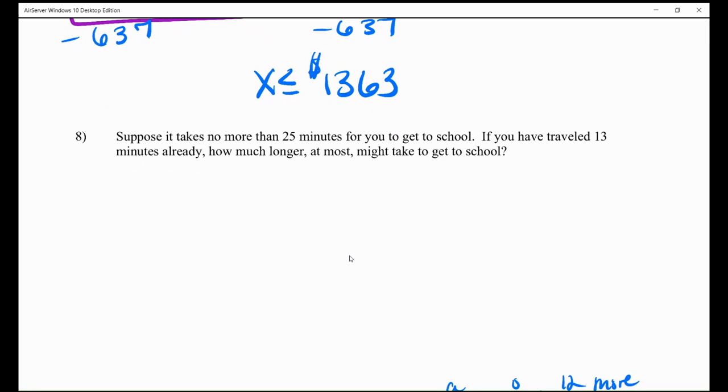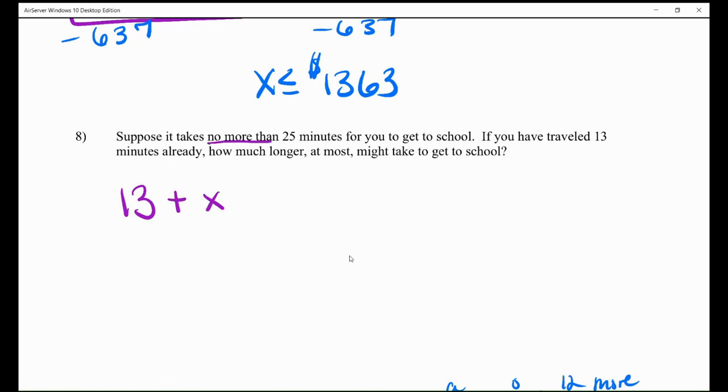Suppose it takes no more than 25 minutes for you to get to school. If you've already traveled 13 minutes, how much longer might it take you to get to school? So we've already traveled 13 minutes. We want to find out how much more we have, so we'll add x for that unknown time.